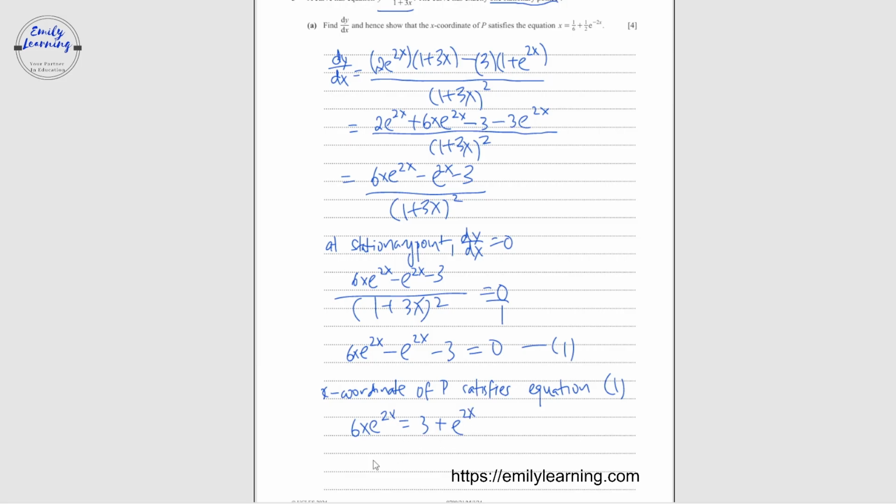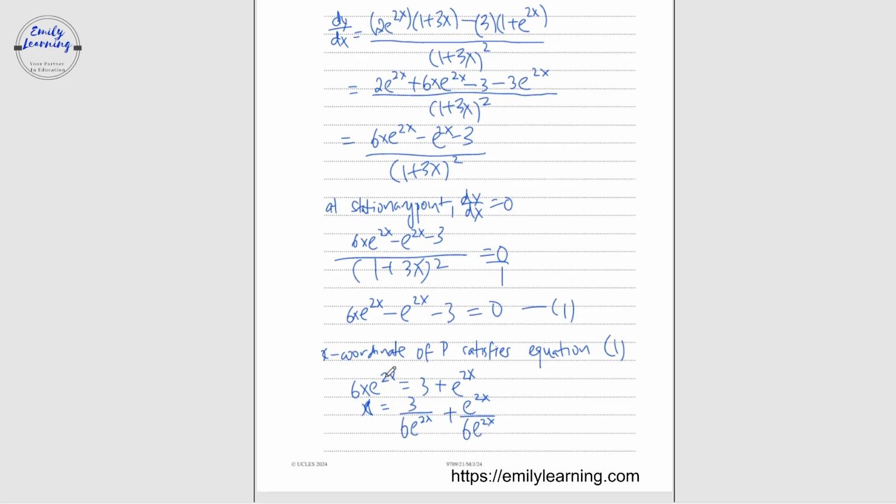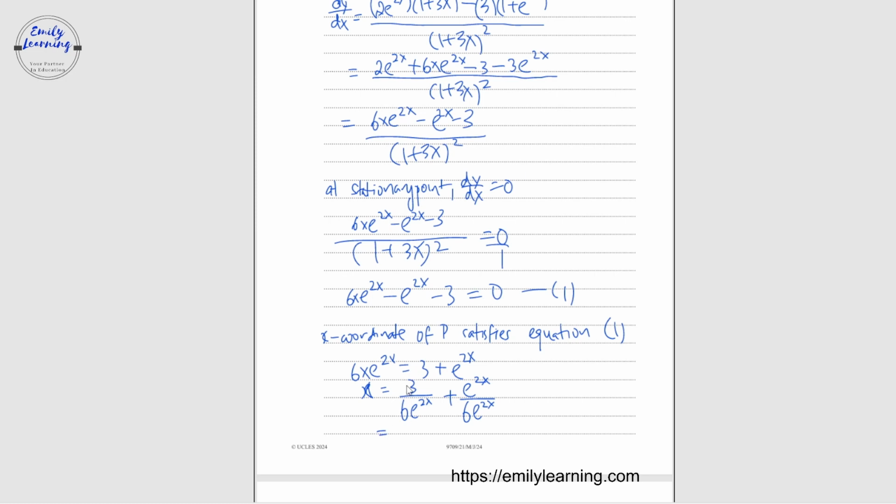Now I will divide everything by 6e to the power of 2x. I will get this one becomes half. Then 1 over e to the power of 2x is the same as e to the power of minus 2x.